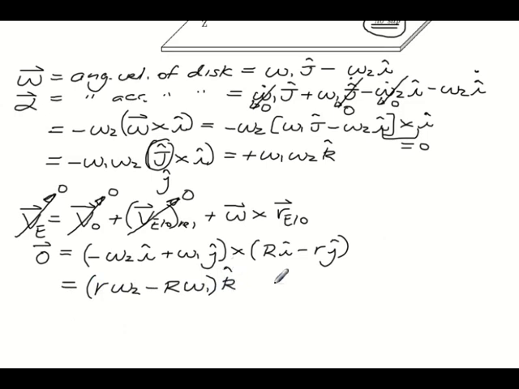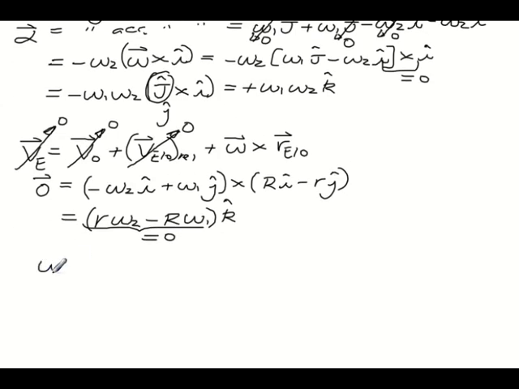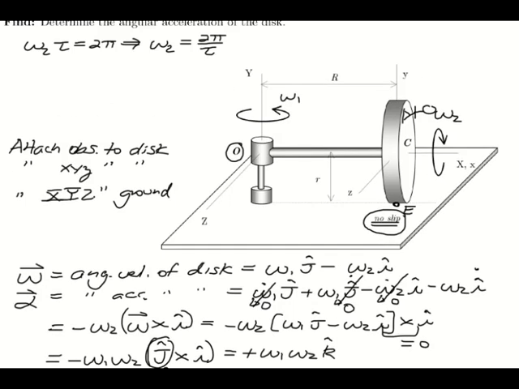So what we see from this is that this number here must be a zero, because all the other terms in the equation are zero. Therefore omega 1 is equal to r over R omega 2. And omega 2, if we scroll back up here, we see ended up being 2 pi over tau.